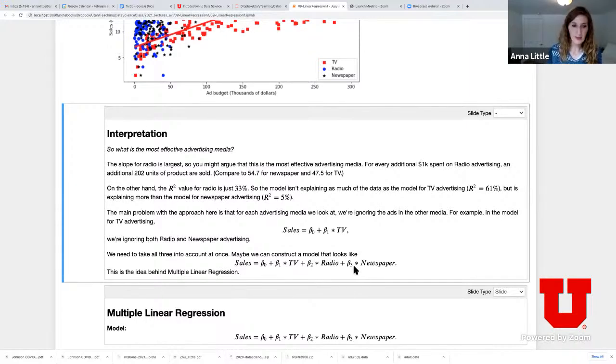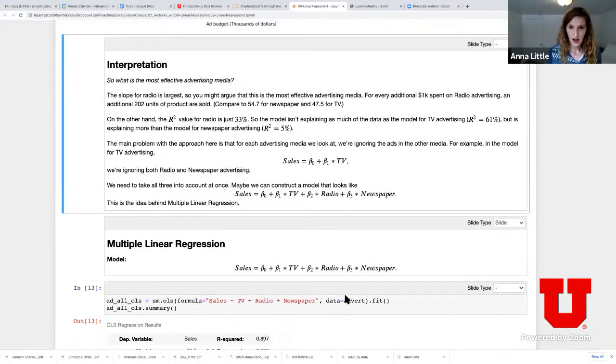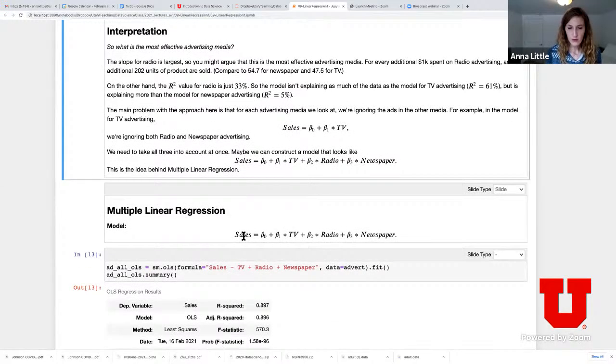And this is the idea behind multiple linear regression. We're still modeling a linear function as generating the response variable, but we're thinking about multiple variables in that linear relationship.